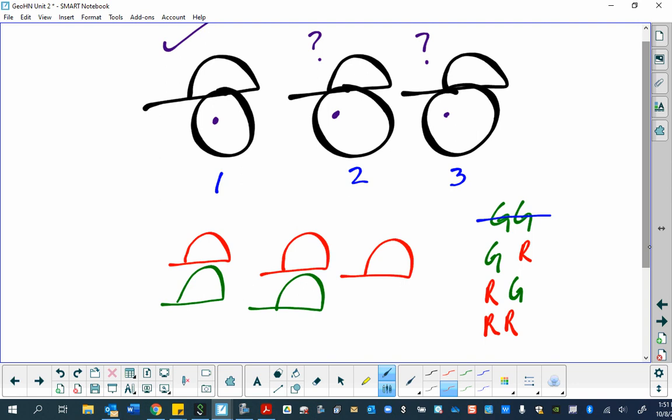Okay, so this person says, I don't know what I have on. So these guys both know they don't both have green, right? So if he sees him having green, he would know that he has red, and he doesn't know, right? So because of what he says, everybody knows that these are our only possibilities, right?